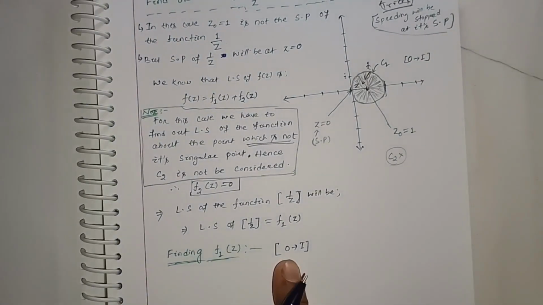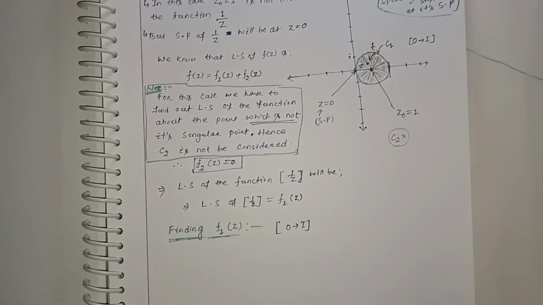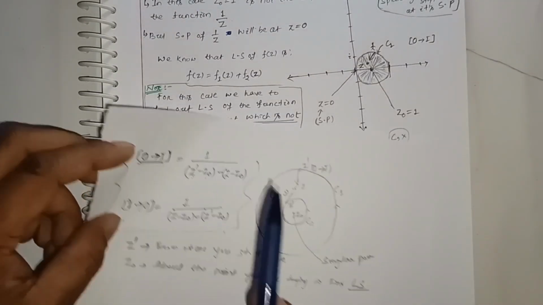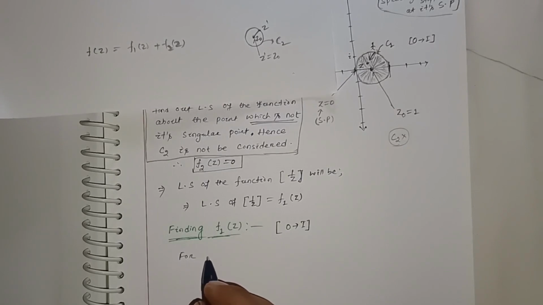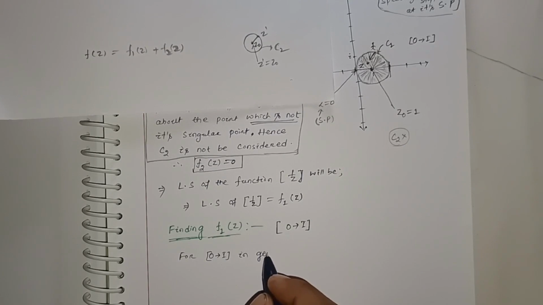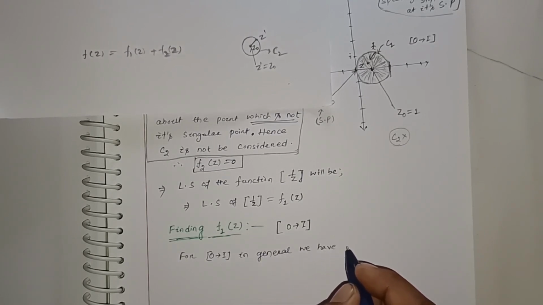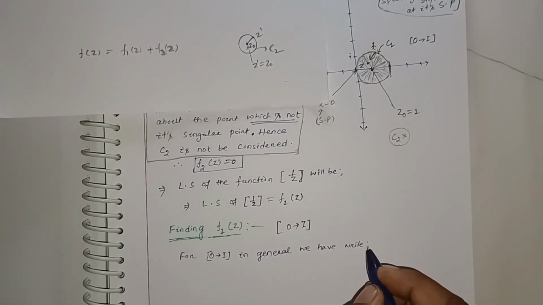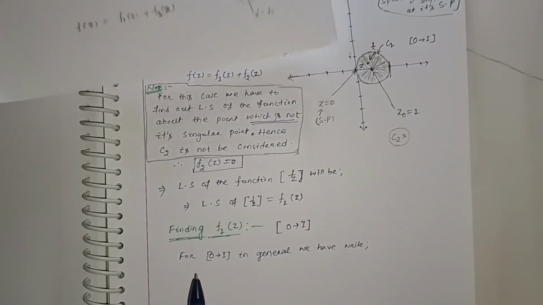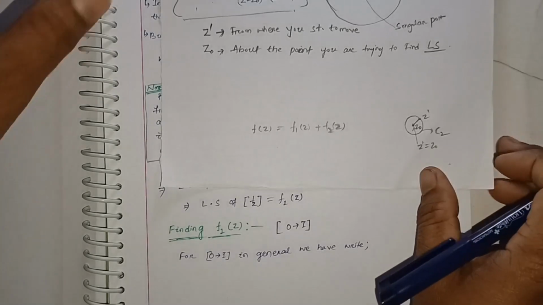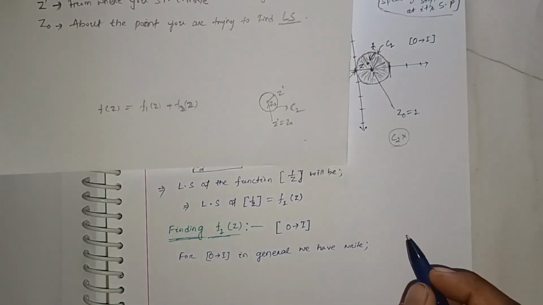Now for out to in, what is the general formula? We have to write it first. For out to in, the general formula is this one. We have to write the denominator of the function in the form of what?